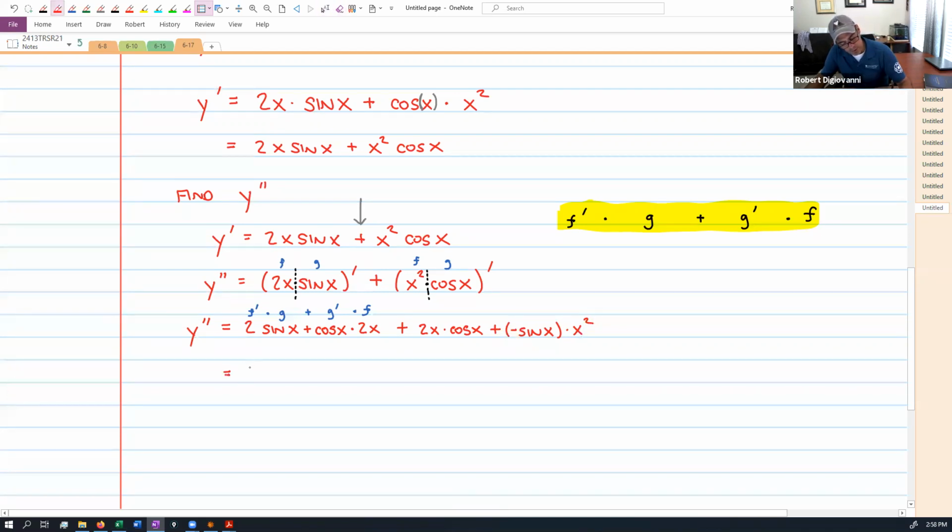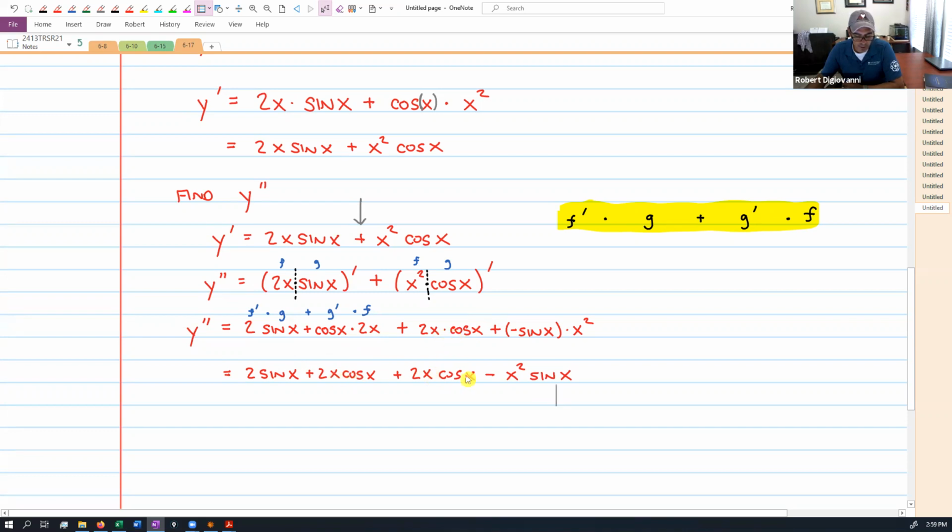So I'm going to rewrite this. Watch how I write my final answer. 2 sine x plus 2x cosine x plus 2x cosine x minus x squared sine x. So all I did here was just bring this down. This 2x, I put out in front of the cosine.